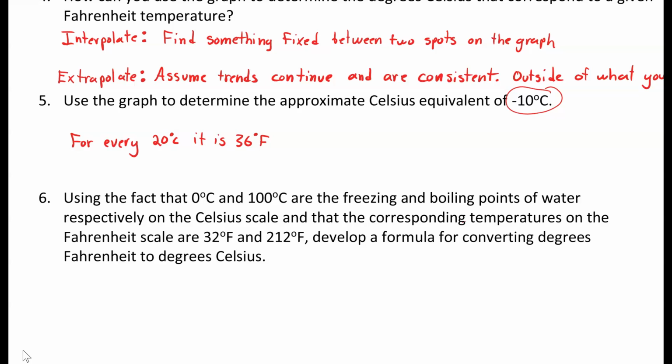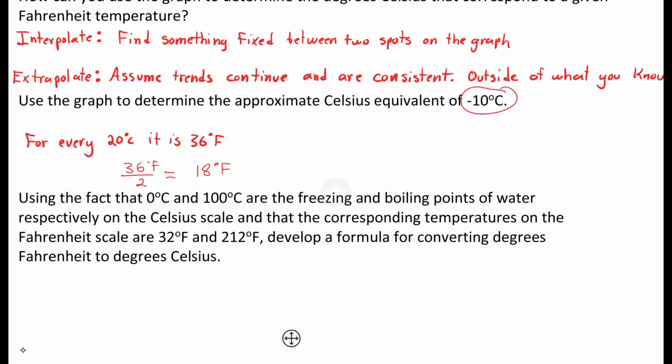So what we'd have to do is take our 36 degrees Fahrenheit and divide it by 2 and figure out that 18 degrees Fahrenheit is going to be the change for every 10 degrees Celsius.